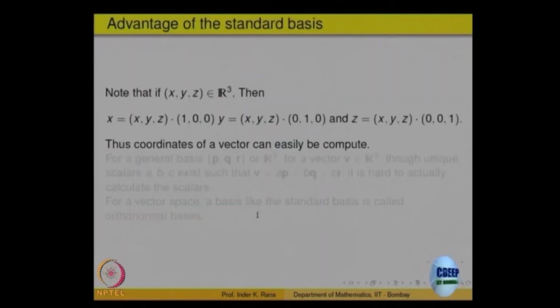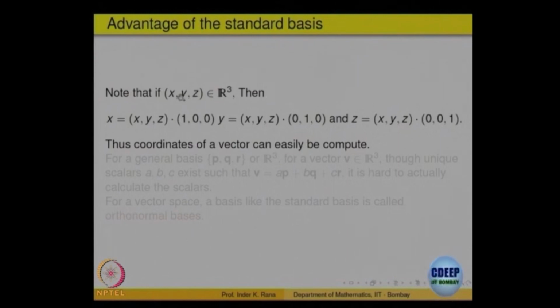What is the advantage of these 3 vectors? Why did I choose the standard basis in my example also? Because computations become simpler. For example, if (x, y, z) is any vector, then its coordinates are simply obtained as: what is x? It is the vector dot (1, 0, 0).